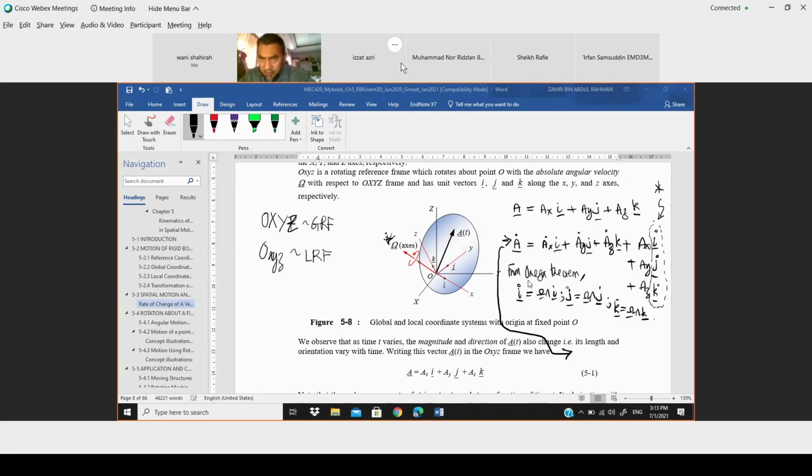First, kita tengok ya. Ini general understanding ya. When we have any vector, kita find rate of change dia akan terbentuk daripada due to the change in direction.